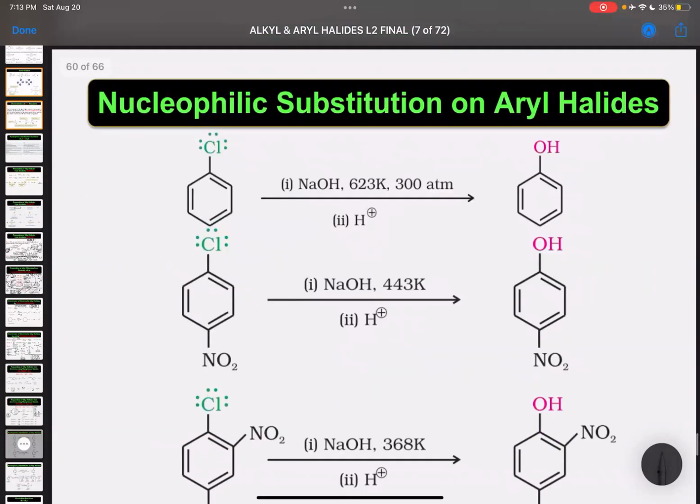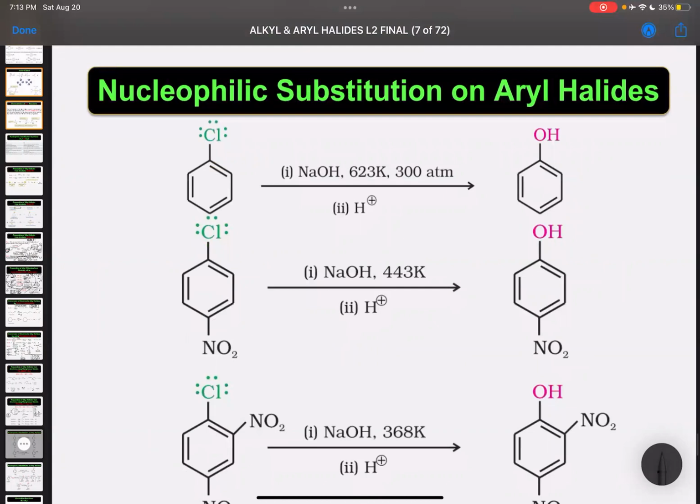So then my question is, suppose I want to replace a group connected to benzene, how do I need to replace it? Let me recall what we discussed earlier, and all of you know it. Suppose you have CH3Cl, and if I ask you to make it CH3OH, what do you need to do?